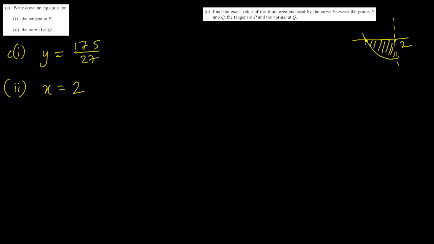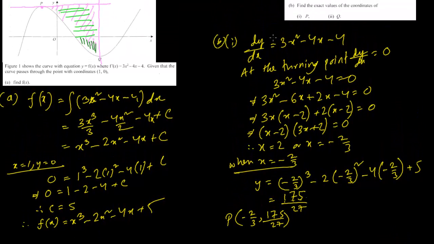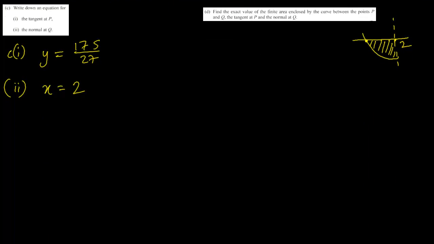We need to know where the curve cuts the x-axis. We know it cuts at (1, 0), so that makes this 1. This type of information is usually given in the question. So this is 1 and this is 2, the vertical line, so 1 to 2. So let's find this first.